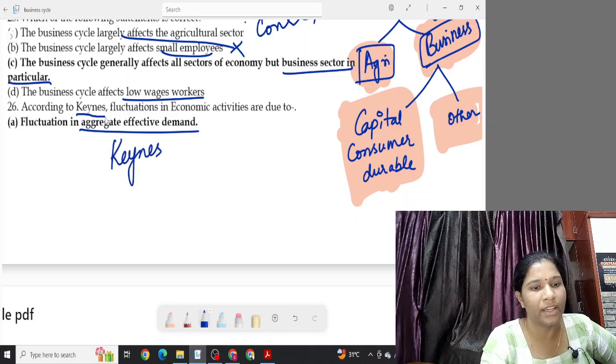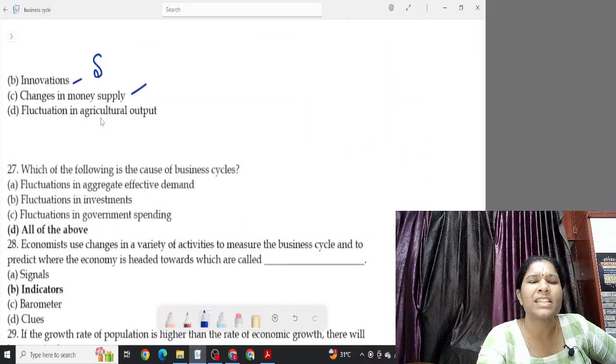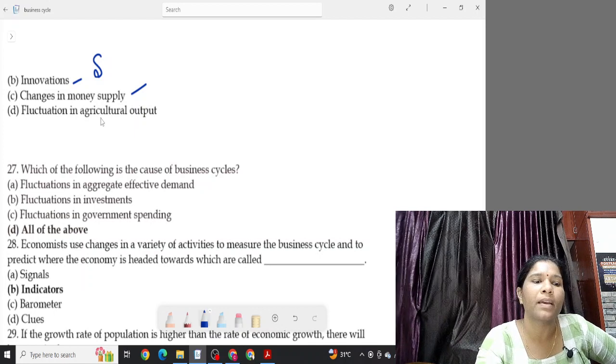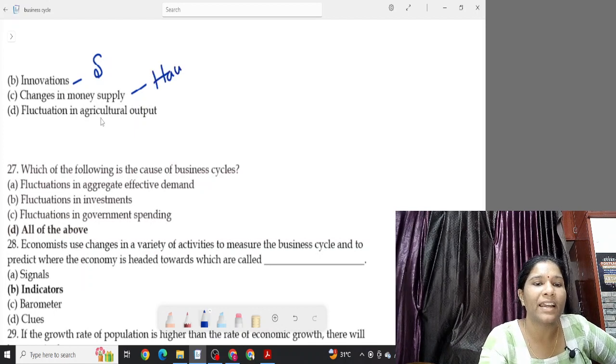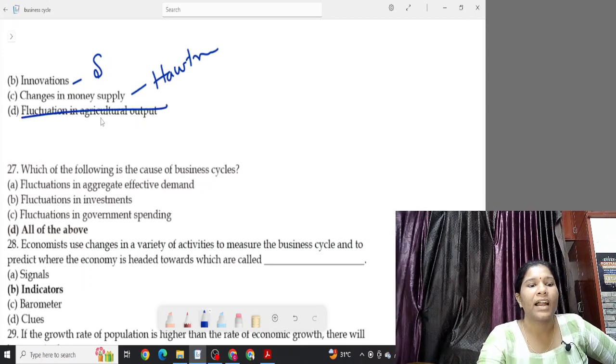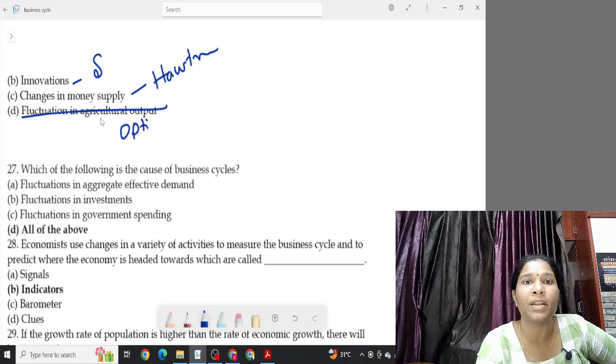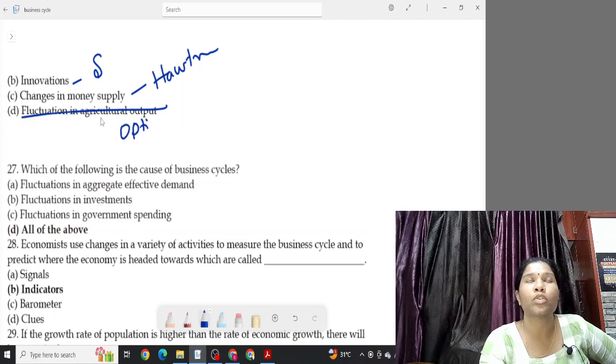So you have to be very careful. What are the other options given? Innovations, as Schumpeter; more money supply, I think it was given by Hawtrey, I'm not very sure. Fluctuation in agricultural output, nobody gave. And one person said the optimistic and pessimistic view of people is causing the business cycle. Who told that? Pigou.